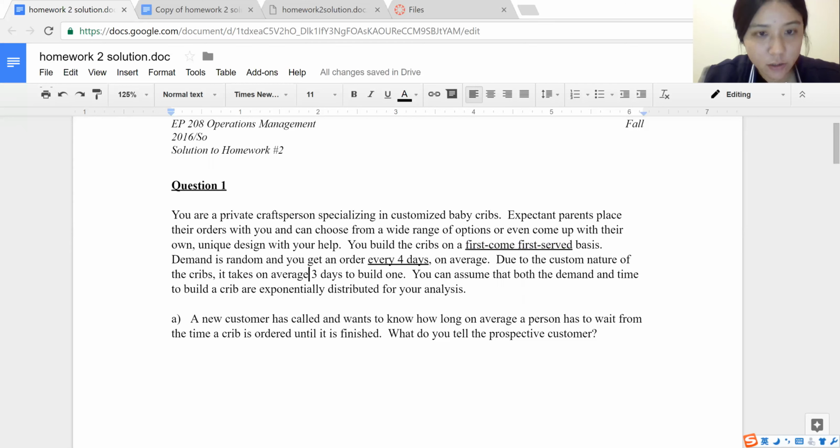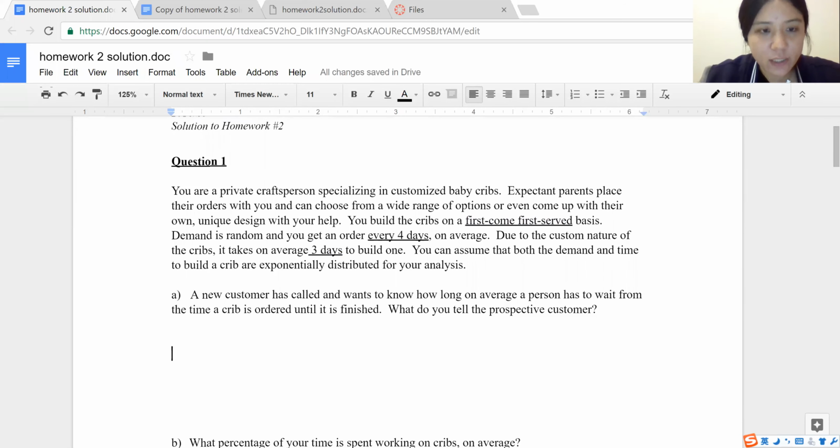So we know the service time is 3 days. And you can assume that both the demand and time to build a crib are exponentially distributed for your analysis. So we know we can use the equations to solve the problem.